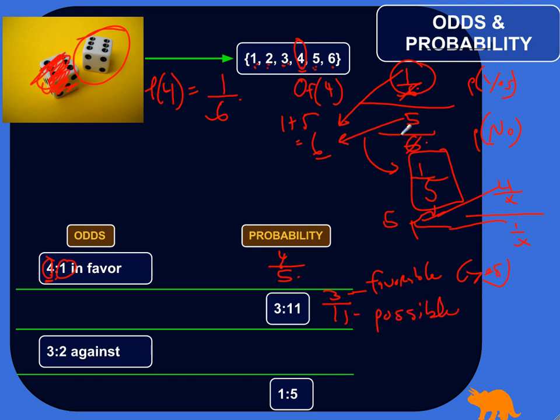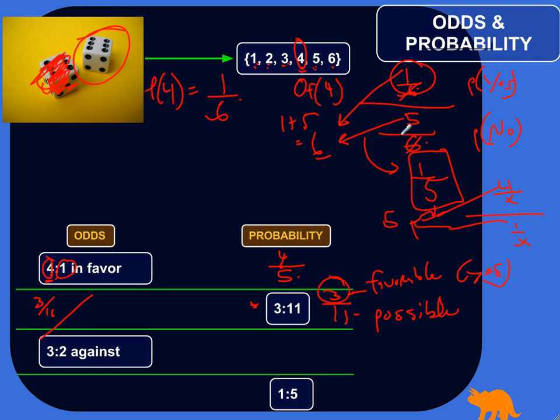Okay, so let's do the odds in favor. So the odds in favor would be the probability that it will happen, which we're given here. So 3 over 11 divided by the probability that it won't happen.